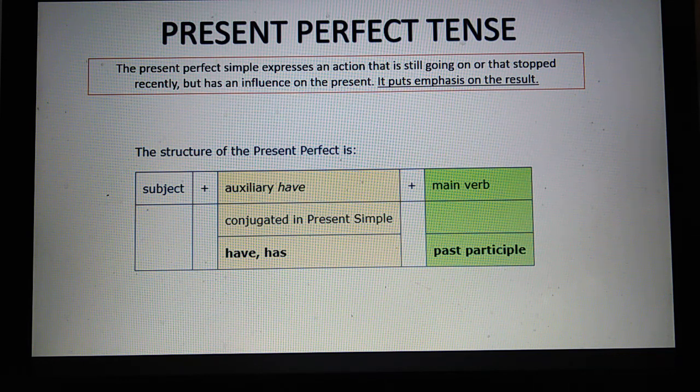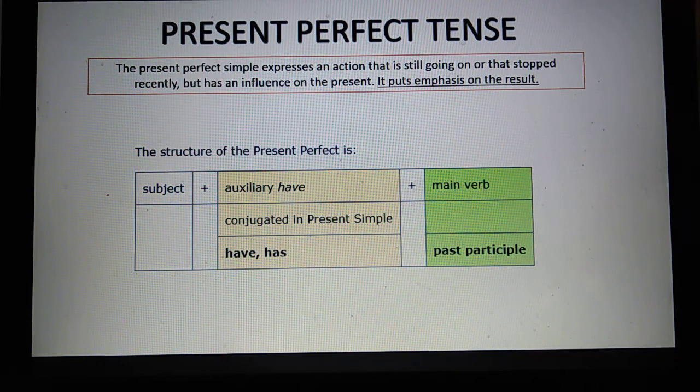So present perfect tense expresses an action that is still going on or that has stopped recently. So pay attention that it's about an action that is still going on or just stopped, but has an influence on the present. So if the action is still going on, it has an effect on the present.